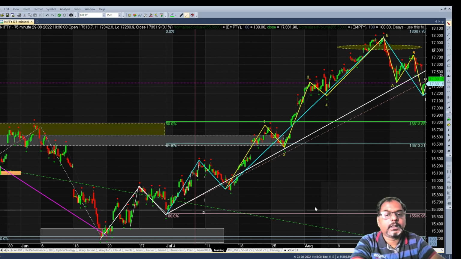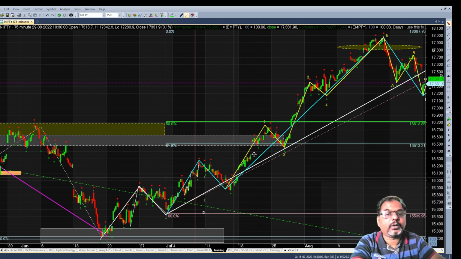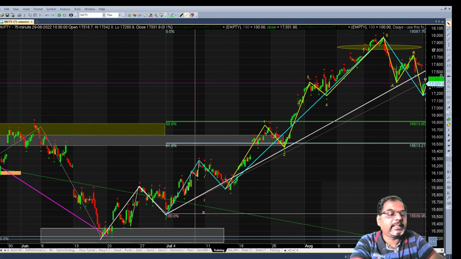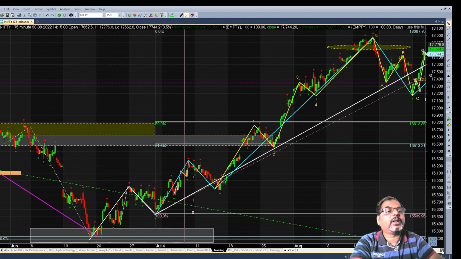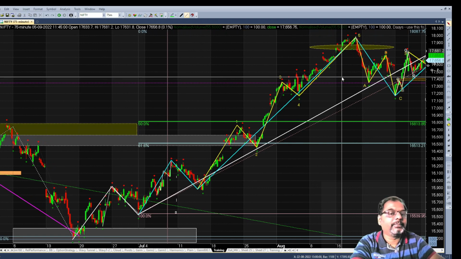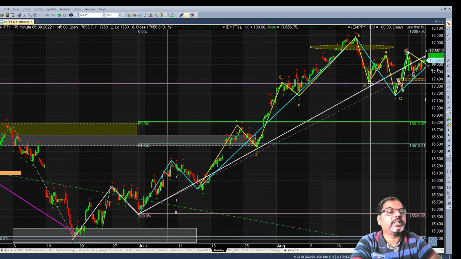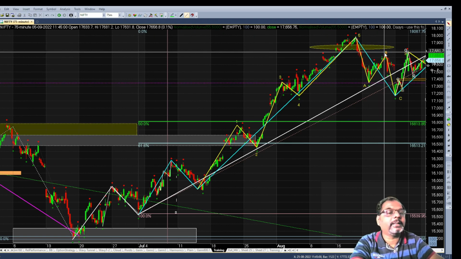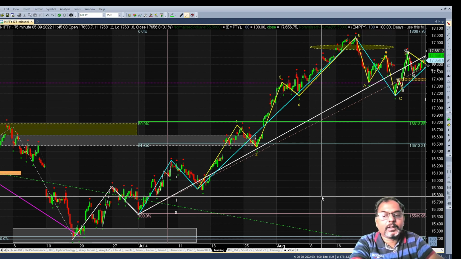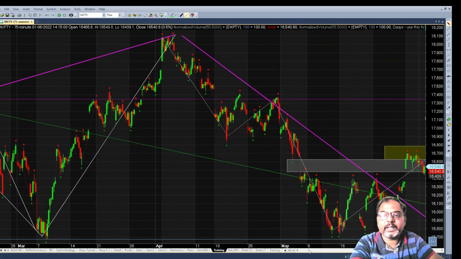That's one very basic, simple way of looking at 1, 2, 3, 4, 5. Then after that, there needs to be a correction. Now that correction, if you really look at it, is very nice. People think that it is only a correction within this wave 5, and people start buying, and then suddenly a wave C comes. Wave C is a killer wave. So that is how you will see ABC.